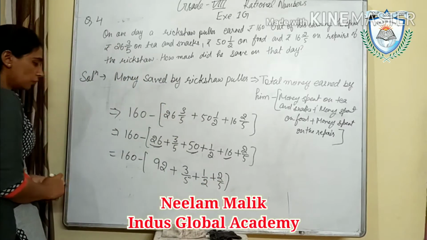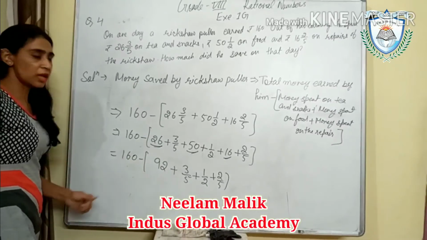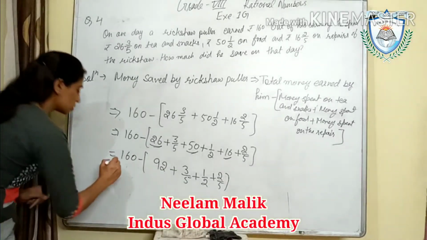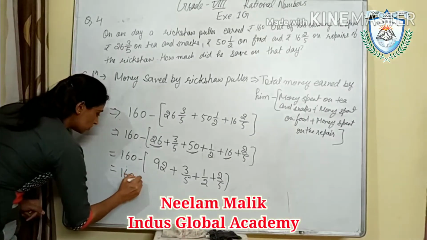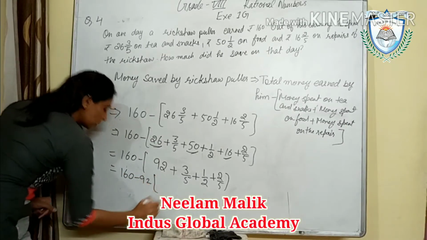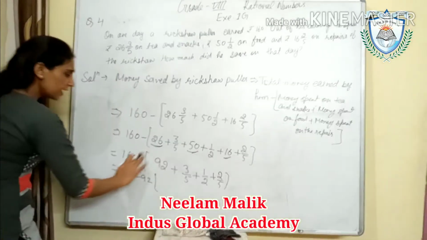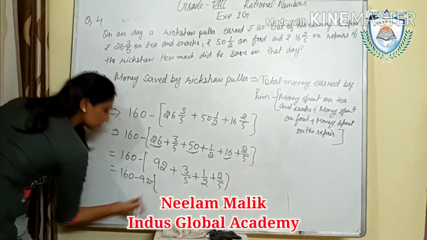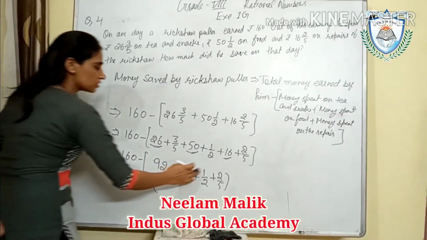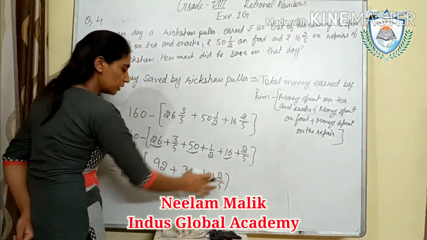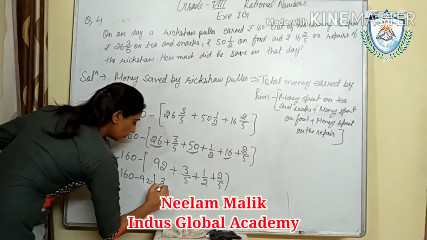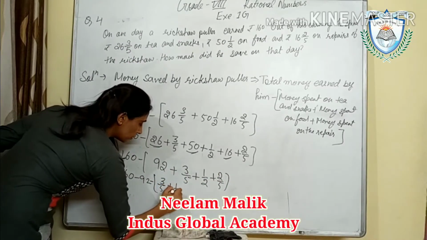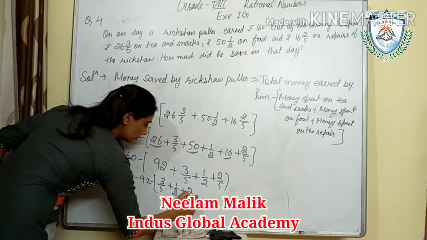So first we can subtract 92 from 160. 160 minus 92, and here is also minus. Now we will solve this: 3/5 plus 1 upon 2 plus 2 upon 5.